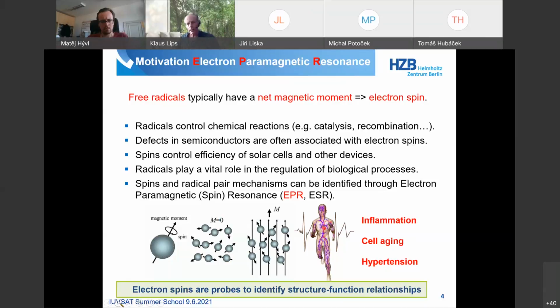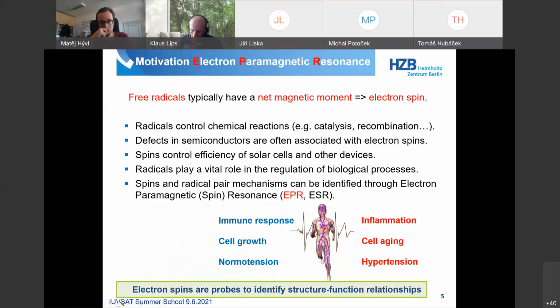These radicals are entities that have a magnetic moment. That magnetic moment then in the sample sums up over all the individual radicals that we have, 10 to the 10 maybe per cubic centimeter or even more. And we are then monitoring that total magnetization of the sample to learn something about the structure-function relationship, seeing what these radicals do in the sample.